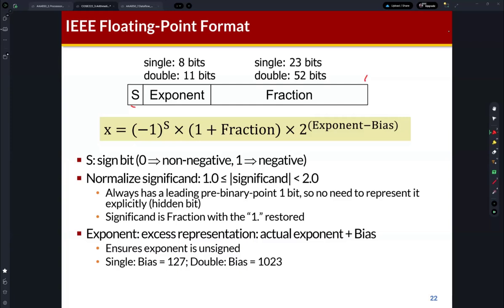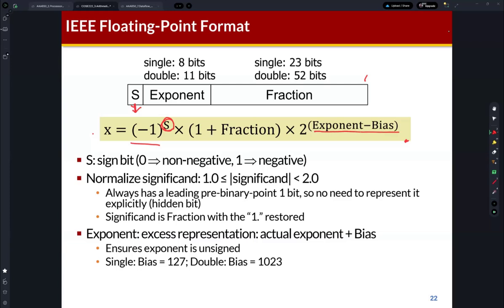Okay, 32-bit single precision format or 64-bit double precision format. So this is the equation. When we represent the floating point number x, firstly we need to use the sign bit. So the first bit is the sign bit, and then the exponent part.